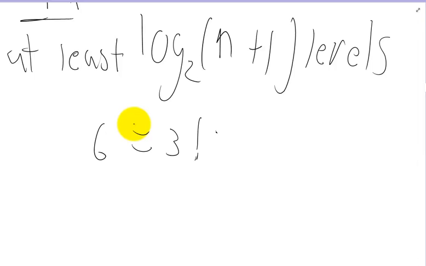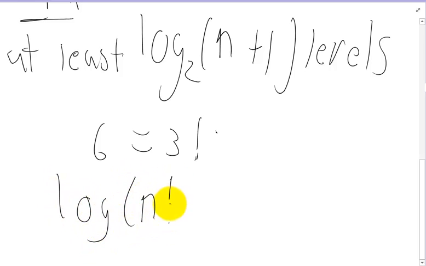And so basically, I know that at a minimum, I'm going to have log n factorial levels. That's pretty cool, right? I know I can say I have log n factorial levels because I know that the number of leaves will always be my combinations, and I'm going to have how many elements I have factorial leaves.